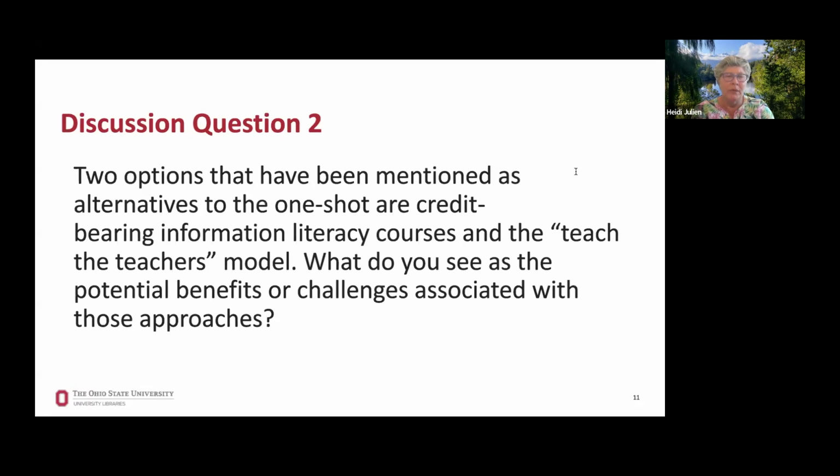And that really stems from maybe three main things. One is not quite understanding the whole information literacy landscape, not understanding the concept or its value. And I think part of what we need to do to address that is to stop using the term information literacy, but that's a different soapbox.